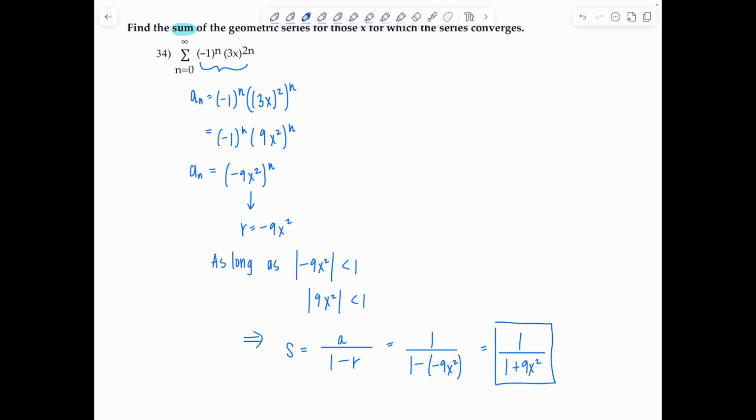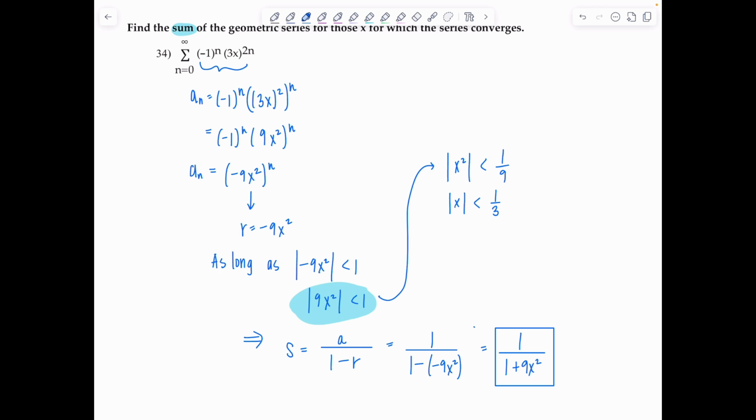Good? Now, if you wanted to finish solving this inequality right here and find the values of x that satisfy it, then all you need to do now is divide by 9. So I would say the absolute value of x squared is less than 1/9. And then you can go ahead, take the square root here, and the absolute value holds. It is true that the absolute value of x will be less than 1/3.